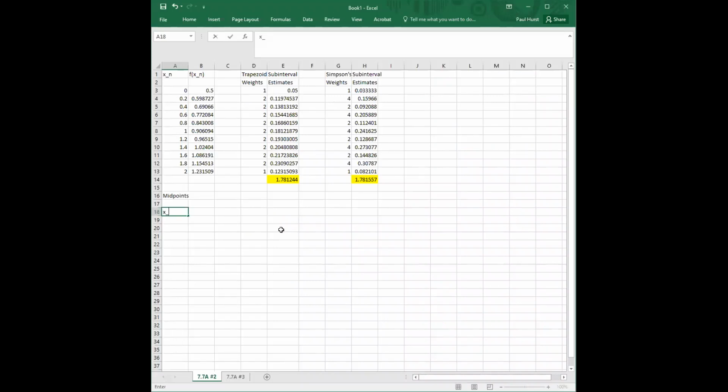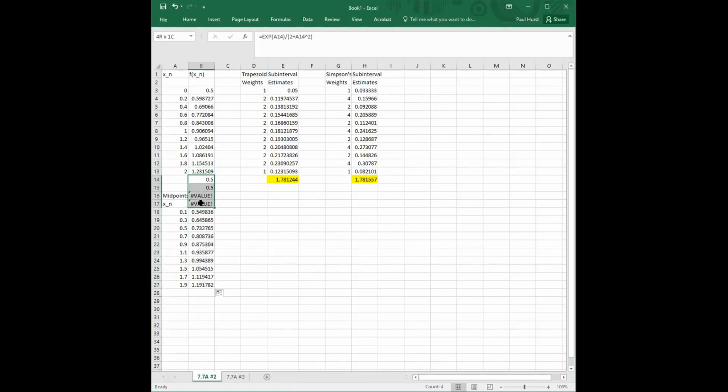Let me say X of n here. So this time they're 0.1 with the midpoint, 0.3, 0.5, 0.7. And those are the midpoints. Maybe the easiest thing, instead of typing that formula in again, I just can go down here.